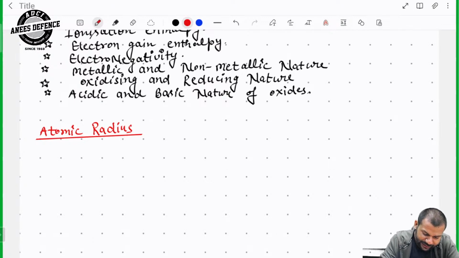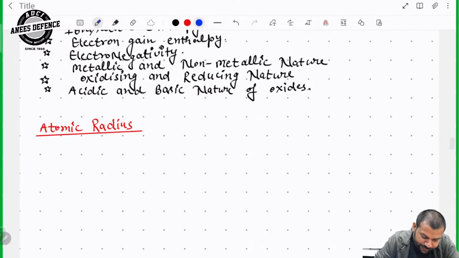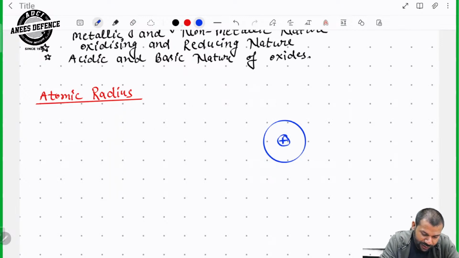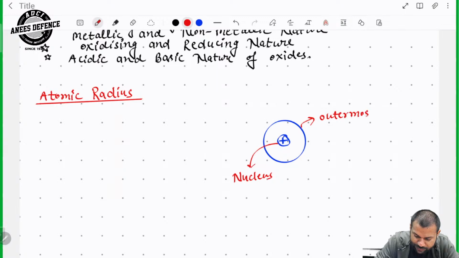What is atomic radius? Let's say we have an atom of any element, and this is the nucleus, and this will be the outermost shell.